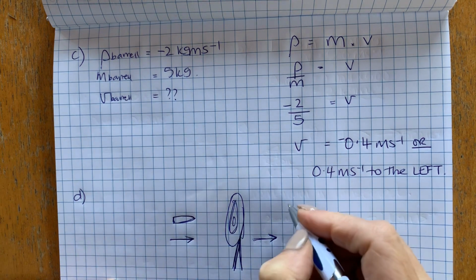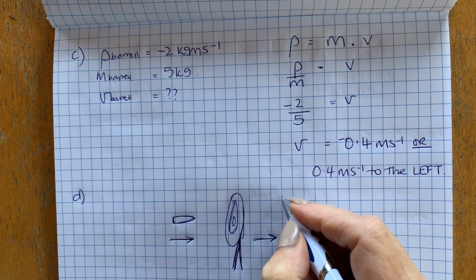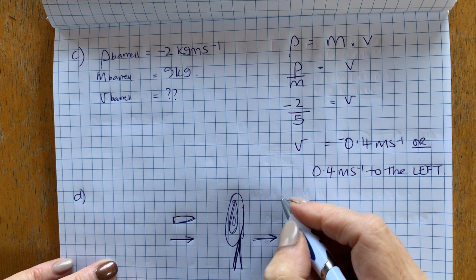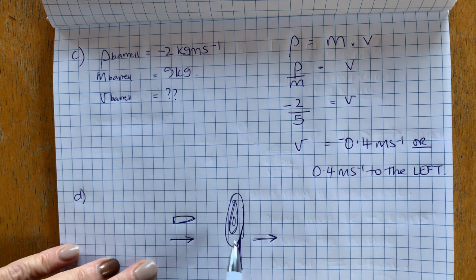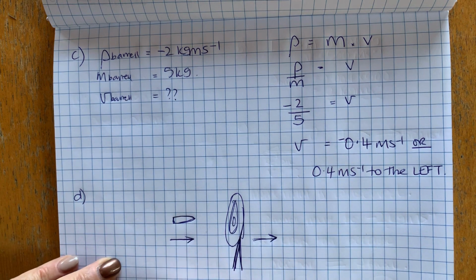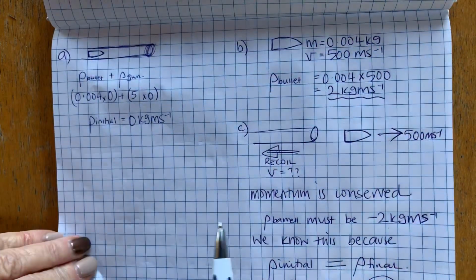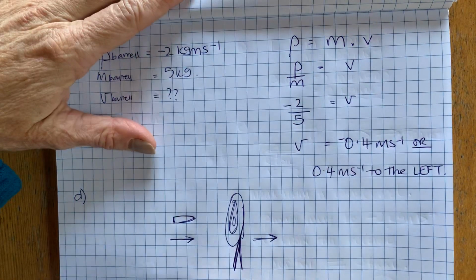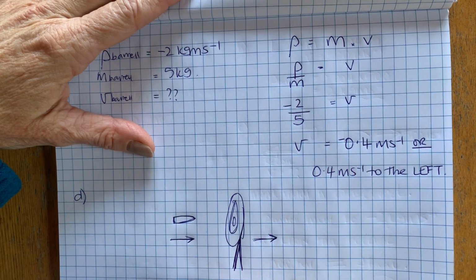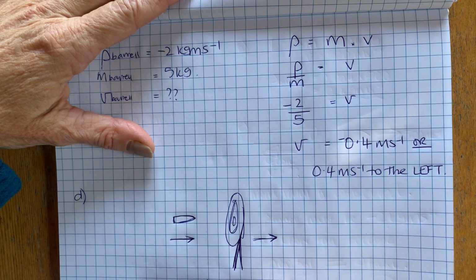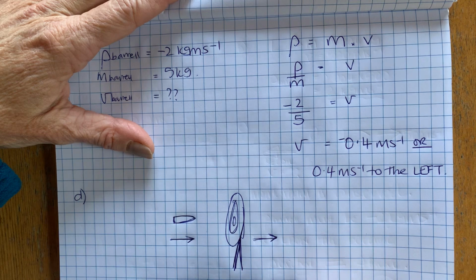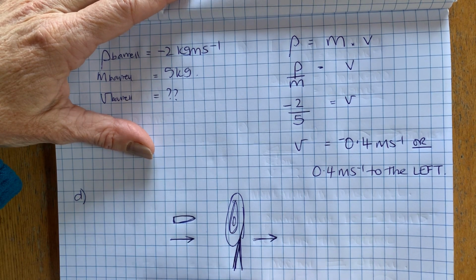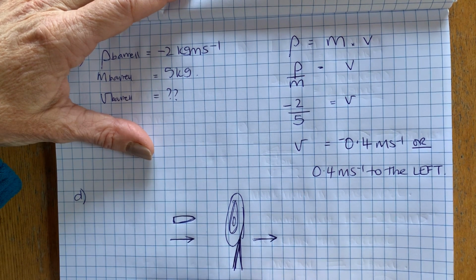So to find that out, the total momentum of the bullet and the target will be the momentum of the bullet, which, flicking back a page, is 2 kilogram meters per second. The momentum of the target is 0 kilogram meters per second, and that's because it's stationary.